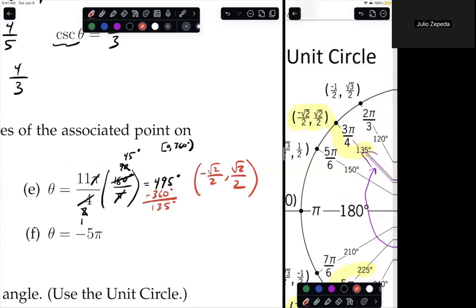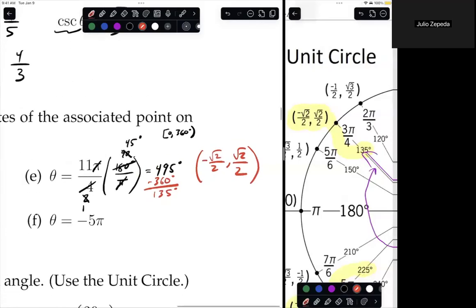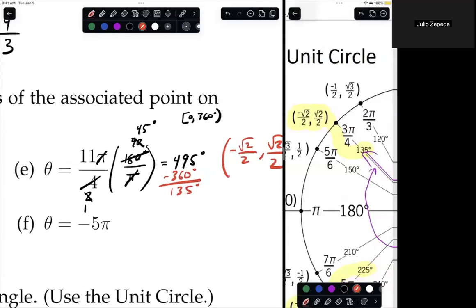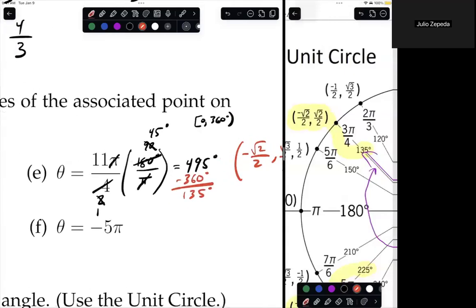Well, this is actually kind of cool here. Let's see. What's another way that we could have done this? We could have split this up. Maybe this will be even nicer to think about it this way, if you like fractions. 11 pi over 4 is the same as 8 pi over 4 plus 3 pi over 4.